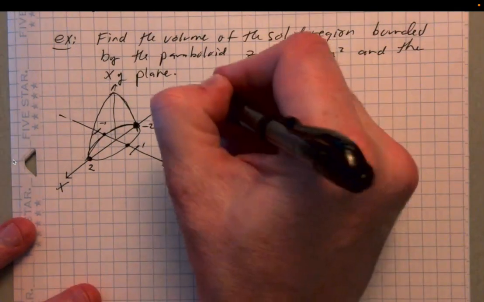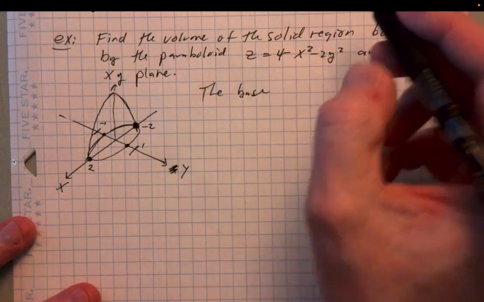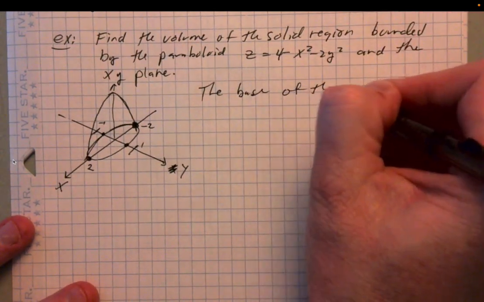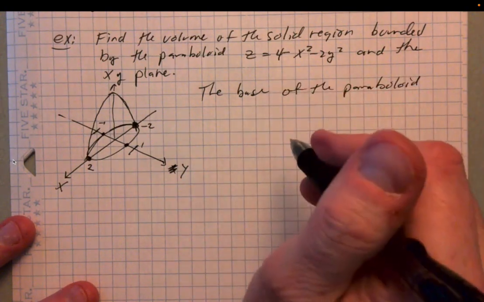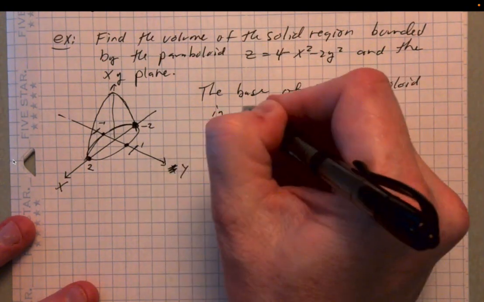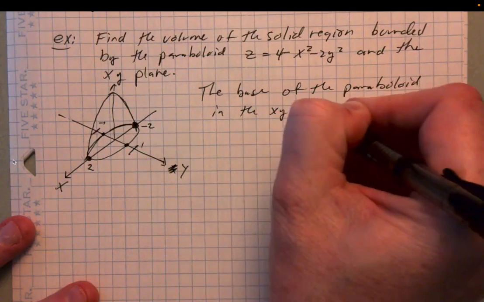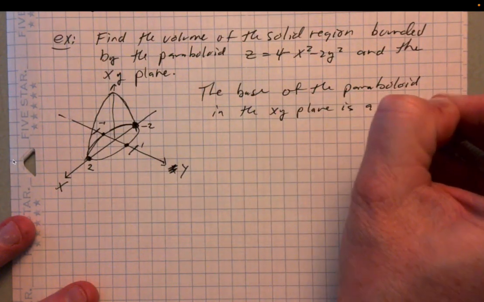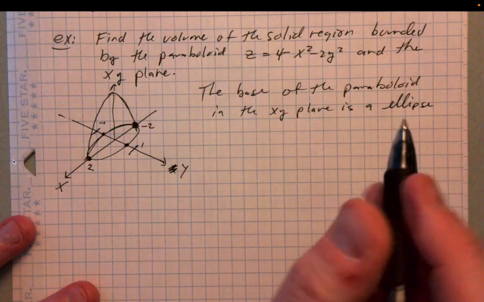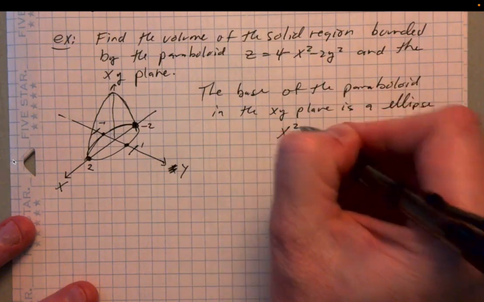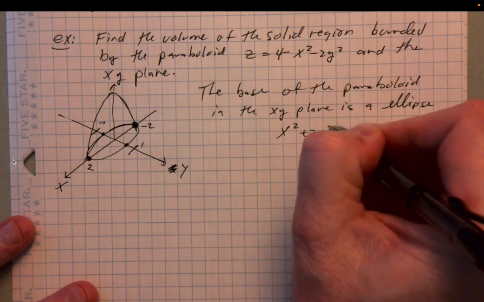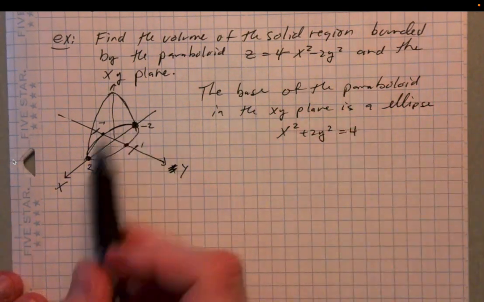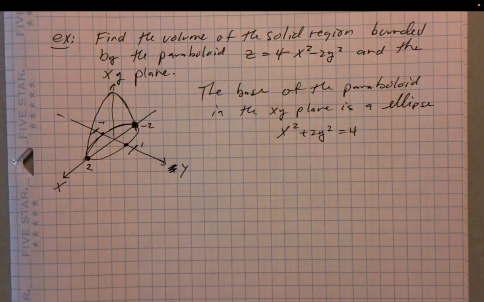So the base of the paraboloid in the xy plane is an ellipse, and it's going to specifically have the equation x squared plus 2y squared equals 4. So that's what this ellipse is.